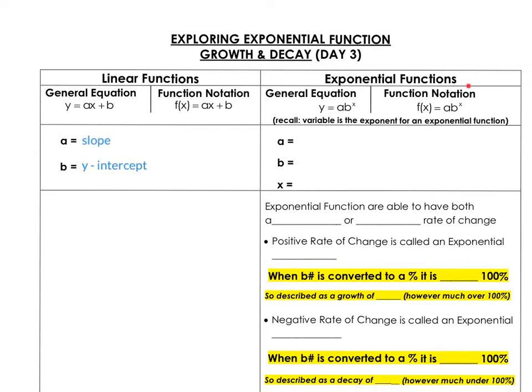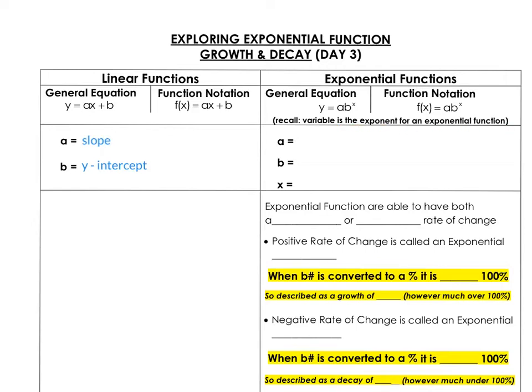We have exponential functions with the general equation y equals ab to the x power, which can be written in function notation similarly by replacing the y with f of x equals ab to the x, just like the general equation. And just recall that the variable is always going to be the exponent for an exponential function.